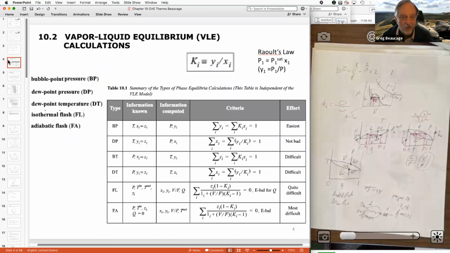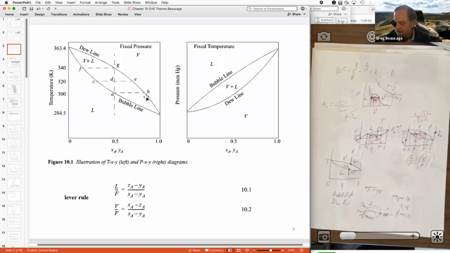All right, so anyway, these are the different problems that you can do. So first off, all these things involve this thing K, which is called the K ratio, which is Y over X. So if we're at an equilibrium point, so you have the two phases in equilibrium, one is giving you the liquid, so that's X, and one is giving you the vapor, so that's Y. So any component of this mixture, A, B, C, D, E, F, you can have as many as you want, is going to have a K ratio that determines the split at a given temperature and pressure between liquid and vapor, right?